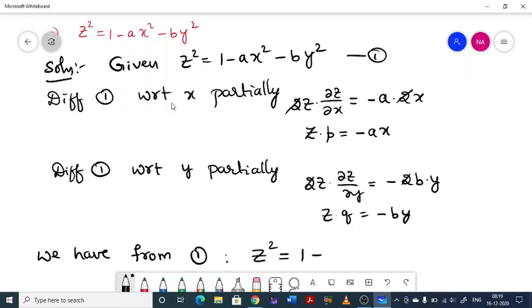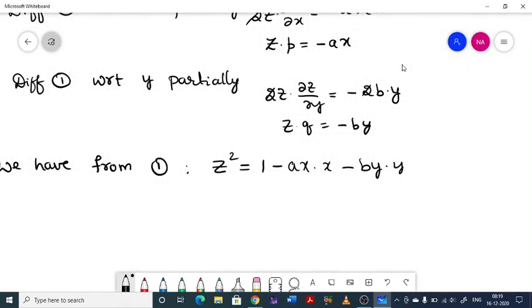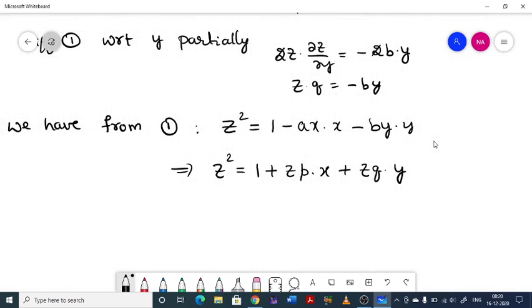Let us do one thing, let us write this as 1 minus ax into x, minus by into y, so that z square equal to 1 plus zp into x plus minus by I can write as zq into y, or z square equal to 1 plus z into px plus qy. That is the required PDE.